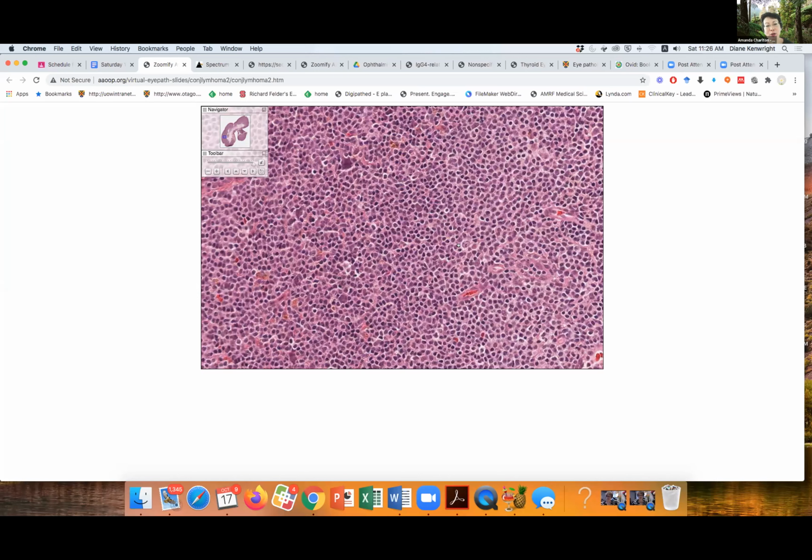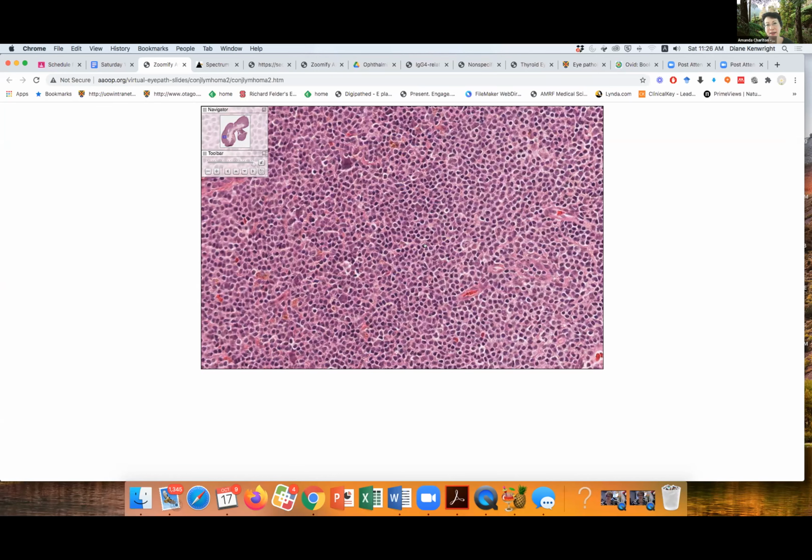But there are other clues besides the size, because typically small cell lymphomas are low grade. Does anybody see a mitotic figure in this field? No, there are no mitoses. If this was a high-grade lymphoma, there would be mitoses and apoptotic bodies everywhere.